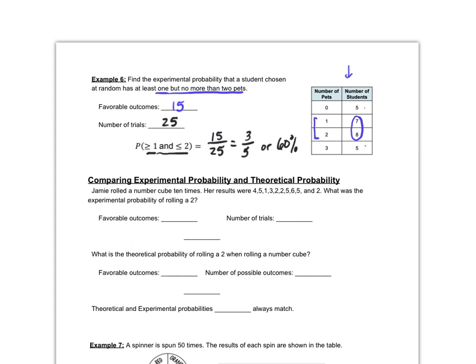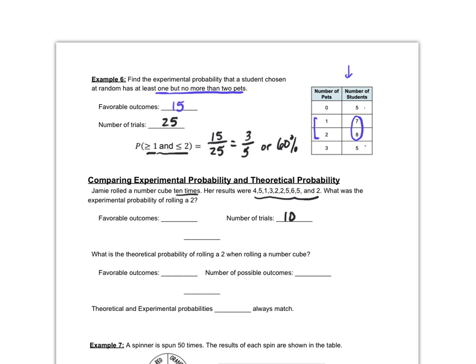Now, when we compare experimental probability and theoretical probability, it may not be the same. So here, Jamie rolled a number cube 10 times, and here are the 10 rolls that occurred: 4, 5, 1, 3, 2, 2, 5, 6, 5, 2. Now, what was the experimental probability of rolling a 2? Well, the number of trials was how many times she rolled, which was 10.